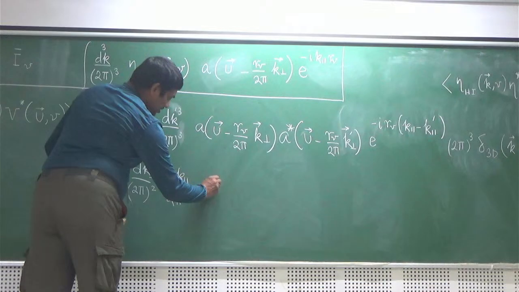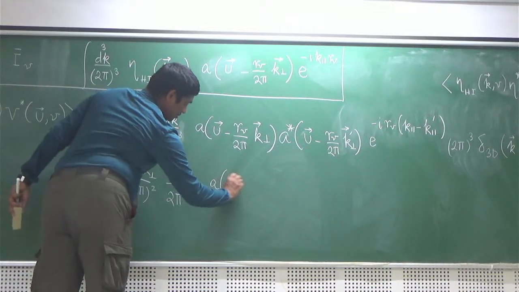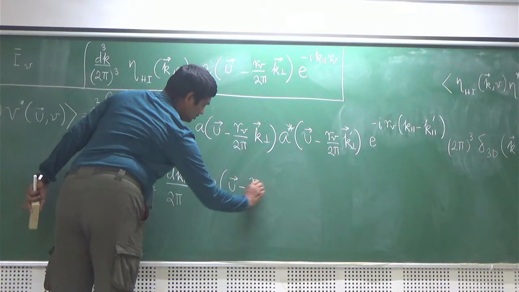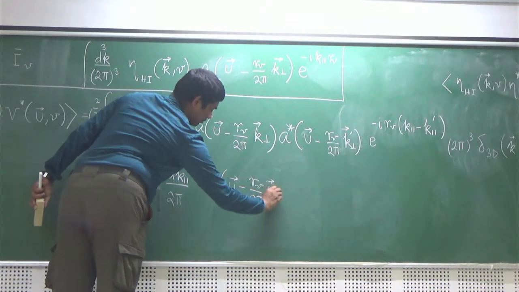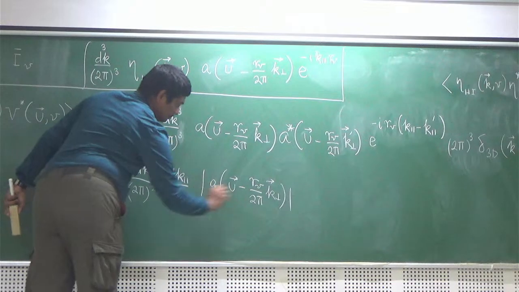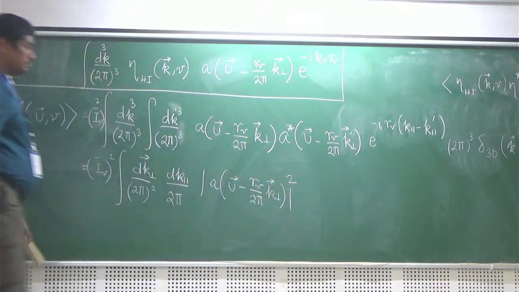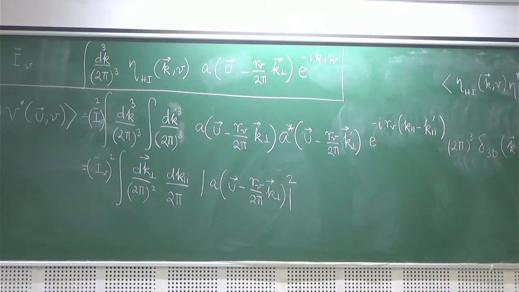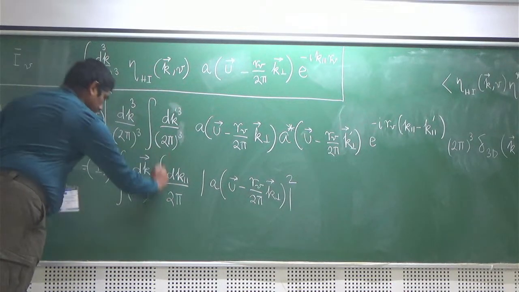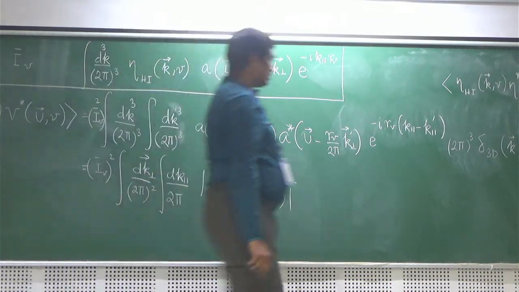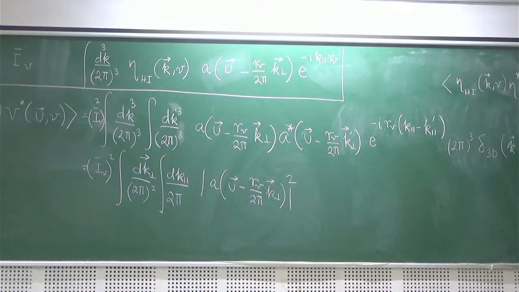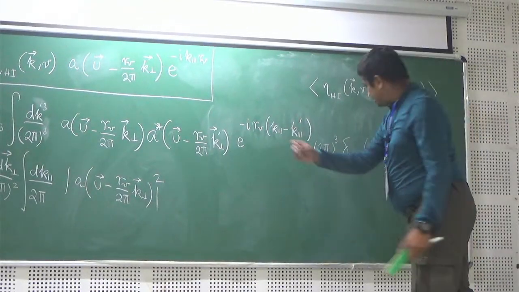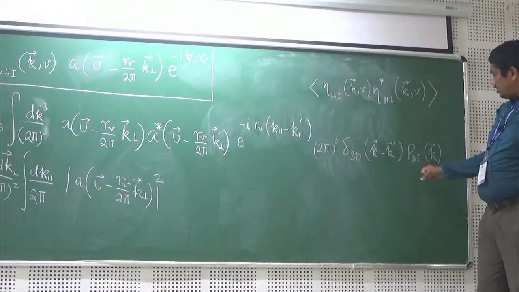So I can just write the entire thing together, with the mod square. That 2 pi cube has cancelled out, the 2 pi cube in the denominator.